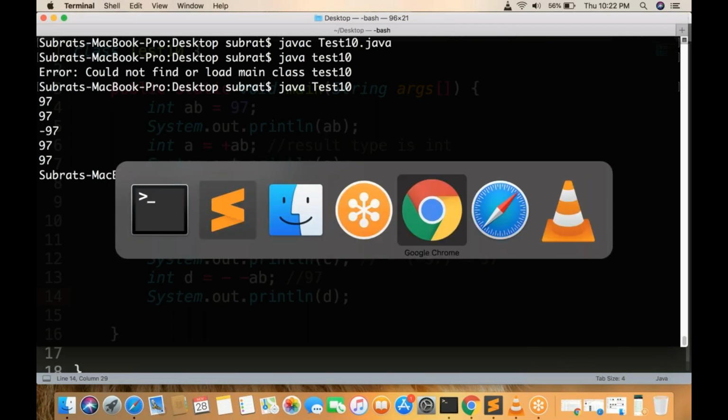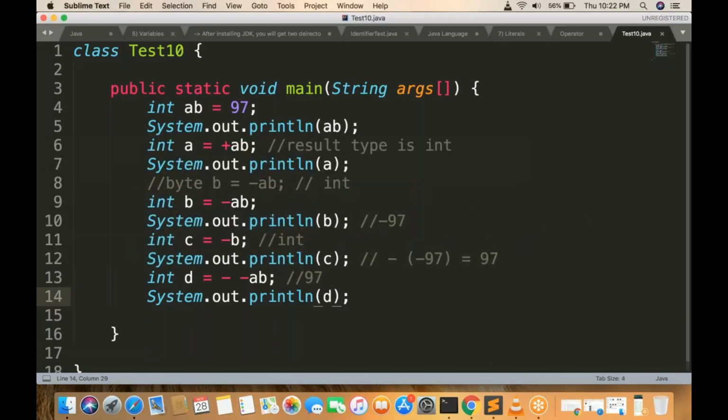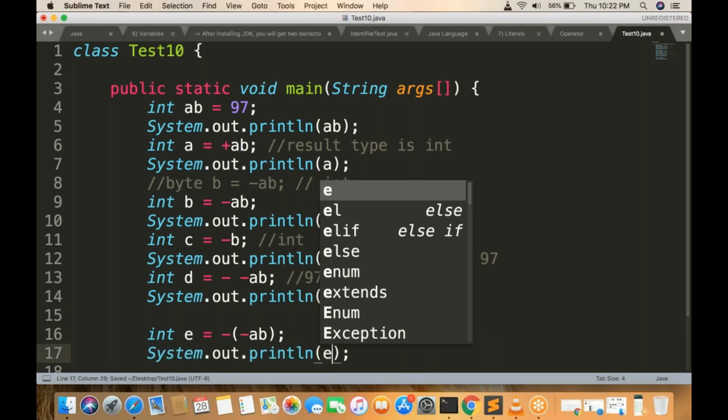Okay. So if I take int e is equal to minus AB, what will it print?